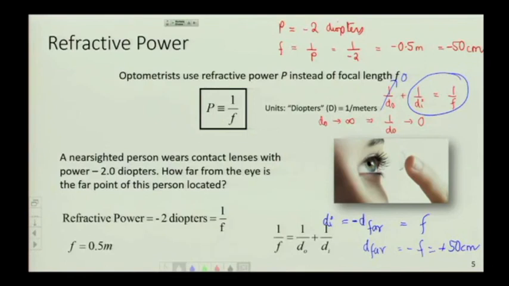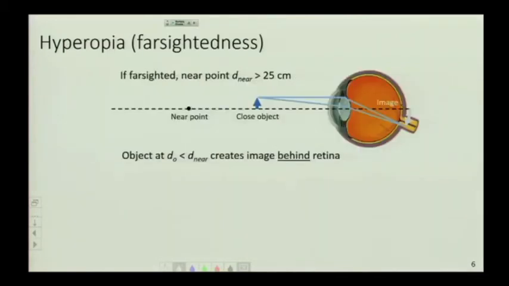So you're basically always using this lens equation, thin lens equation. The other defect of the eye is farsightedness, which means I can't see nearby objects. So in this case, I have that my eye is not converging enough and there's an image that's forming behind the retina.